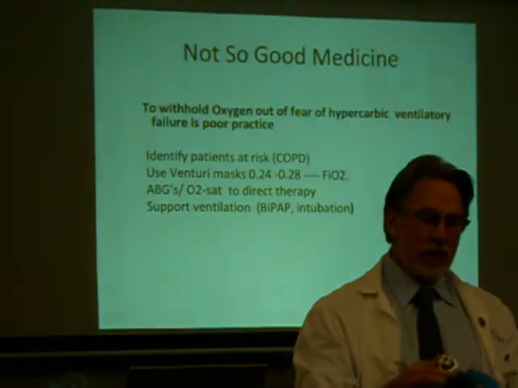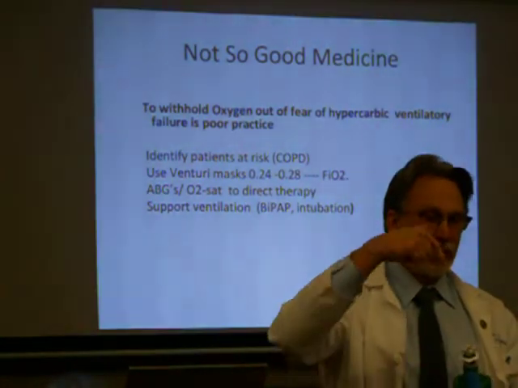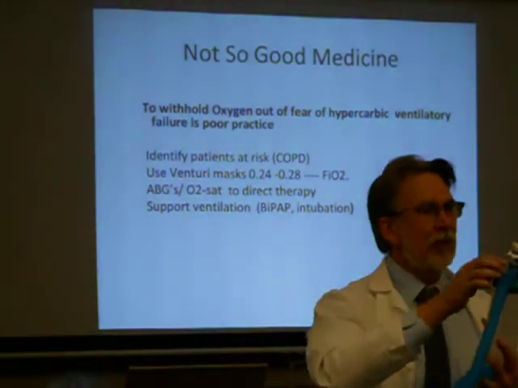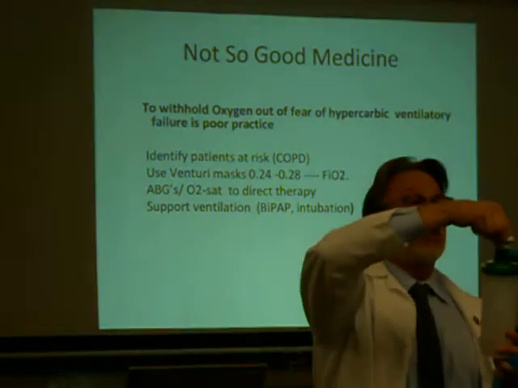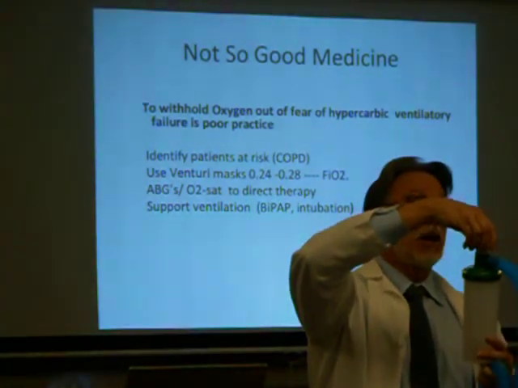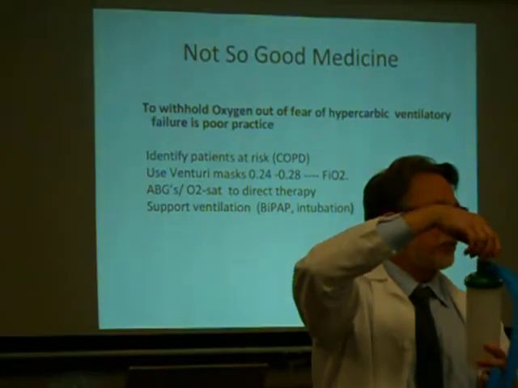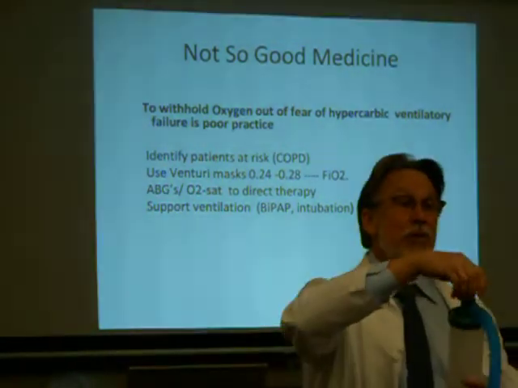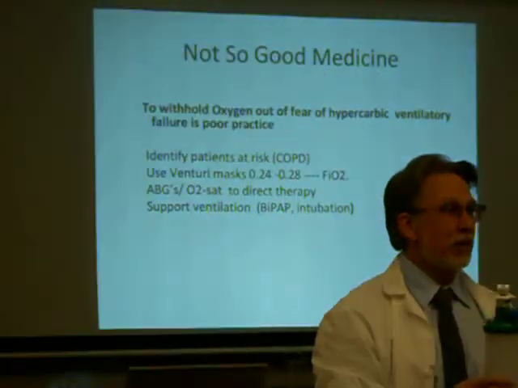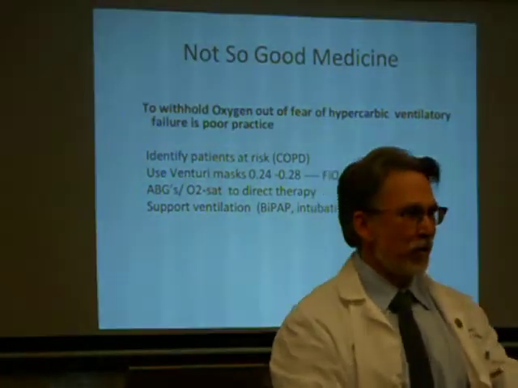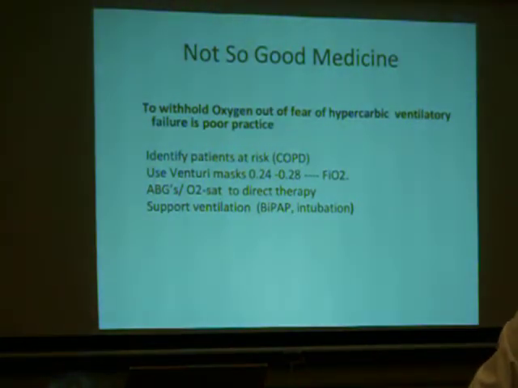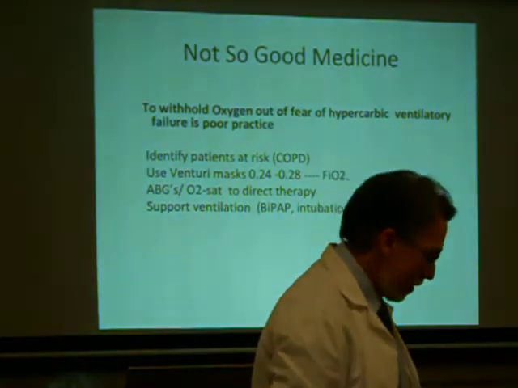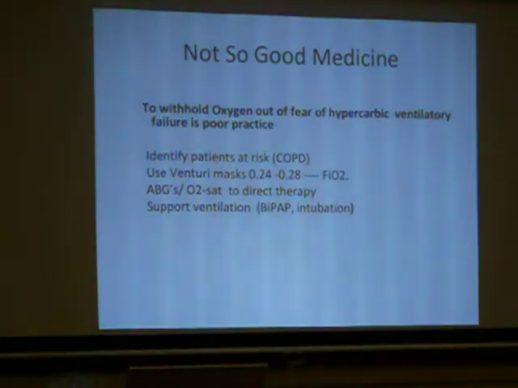There's a flow of oxygen at a set rate that goes into the top of this valve, and this little spinning valve on the top allows more or less air to be entrained from the room. So you set it at a flow rate, and then you put the orifice where you want it, and that will give you the oxygen. So I'll let you guys take a look at that. If you want to use that device, you can use it with a mask.